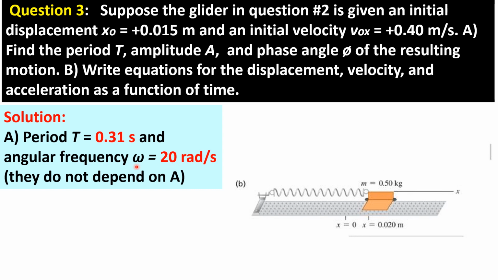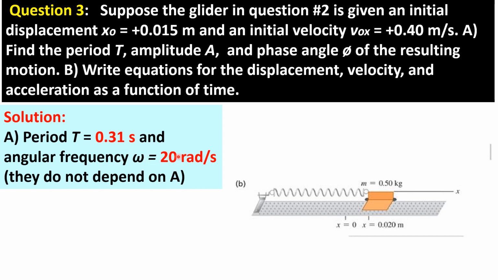We put it here again because we'll need it to determine the amplitude A. These two variables don't depend on the amplitude of the resulting motion, because they depend on the value of k, the force constant, as well as on the mass of the oscillating body.